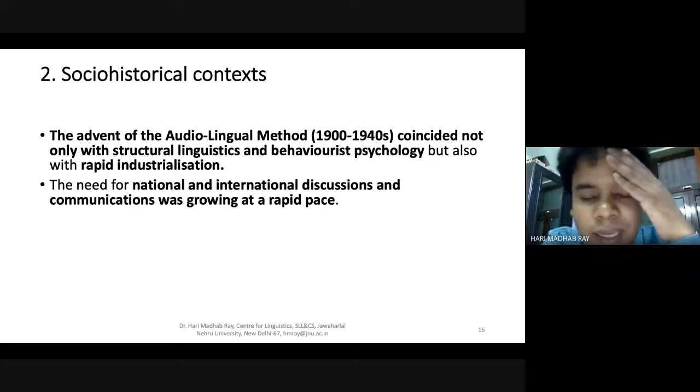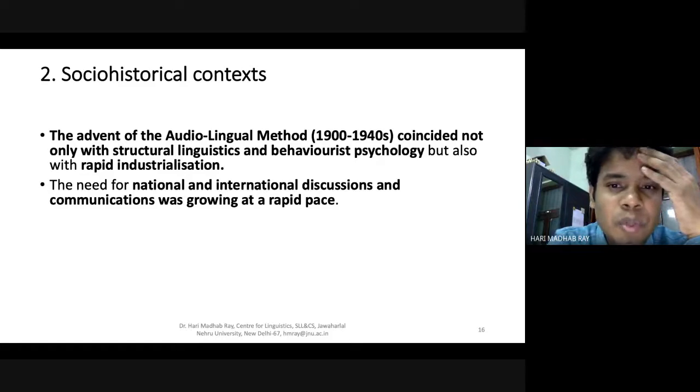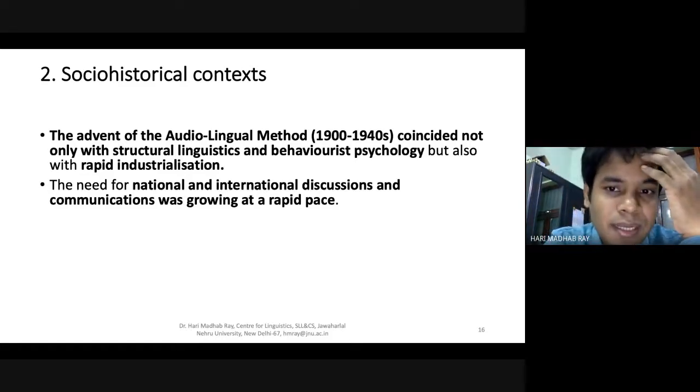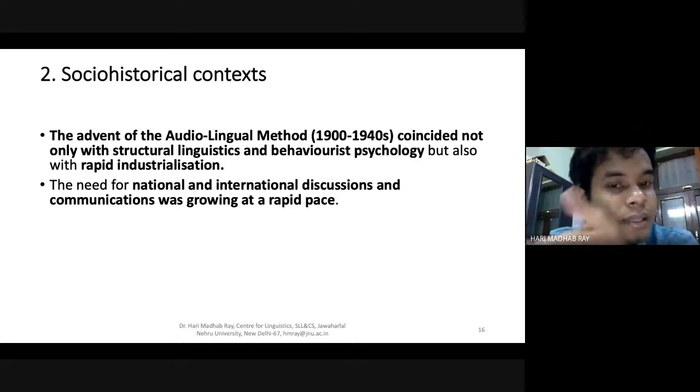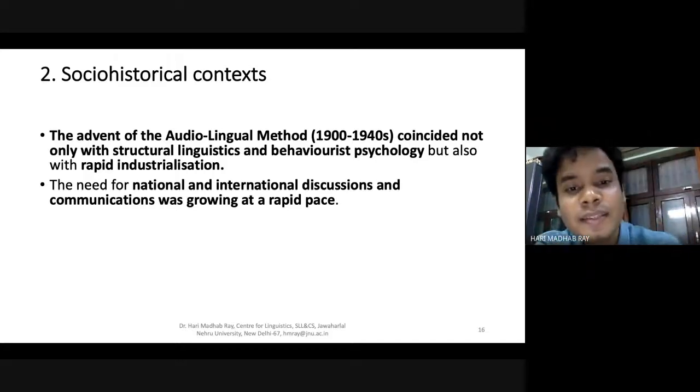Now, after the advent of the audiolingual method, they will say that even if the native teachers are not there in the class, you can use their voice on tape recorders, and the learners can listen to their voice and practice, you see.